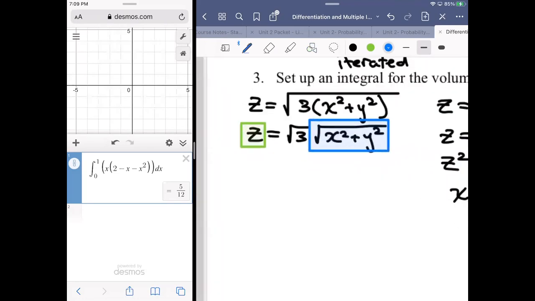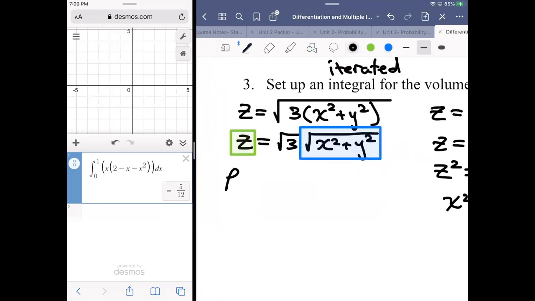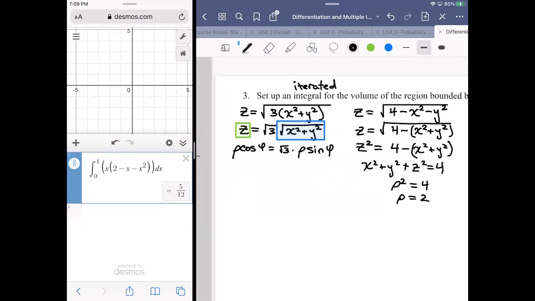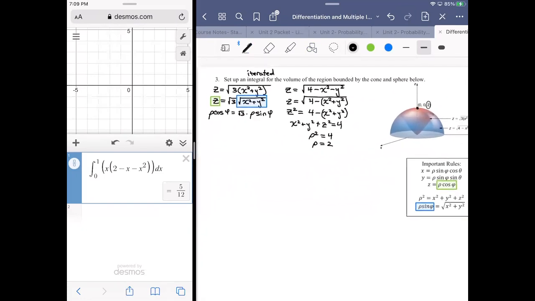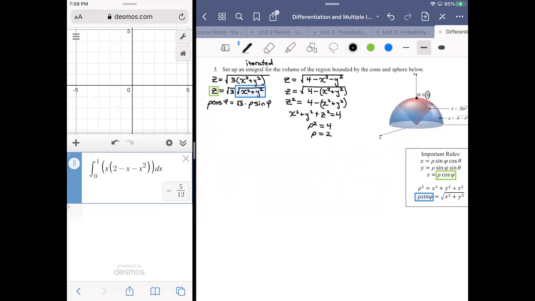So rho cosine of phi is equal to radical 3 times rho sine of phi. That's pretty good substitution there.